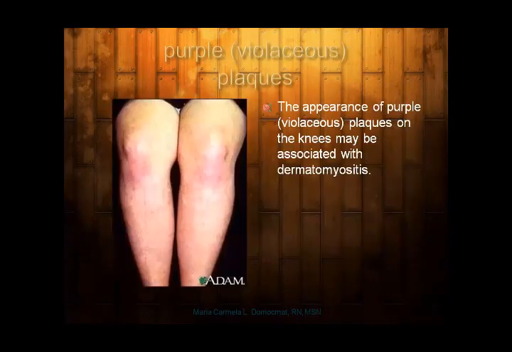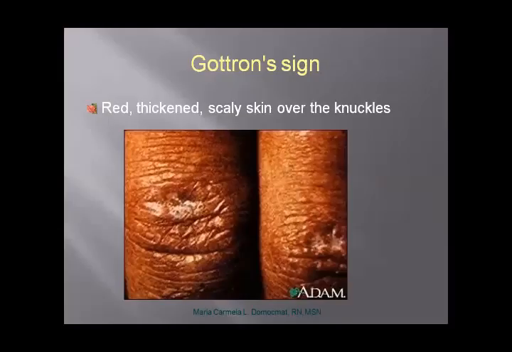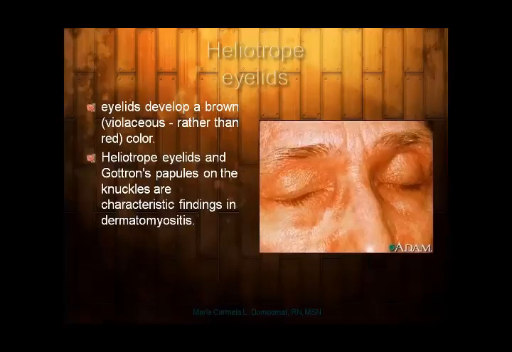And you can see another purple violaceous plaque. These are the appearance of purple violaceous plaques on the knees, and it may be associated with dermatomyositis. And these are the Gottron papules on the hands, and red thickened scaly skin over the knuckles. And this is the heliotrope rash around the eyes.